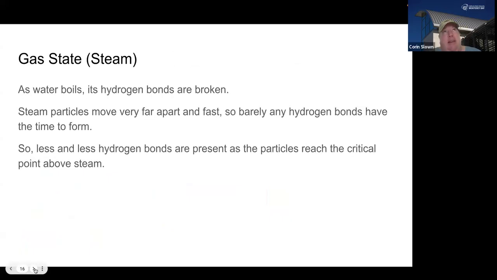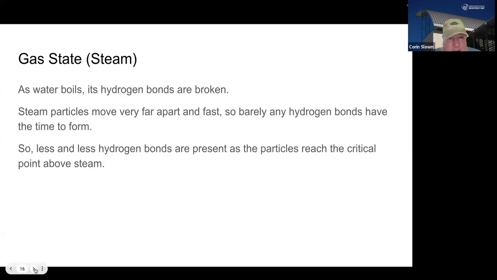So if we think about gas, ammonia is a gas, and water can be a gas at the right temperature. As water boils, its hydrogen bonds are broken. The reason for that is the kinetic energy, or the temperature change.